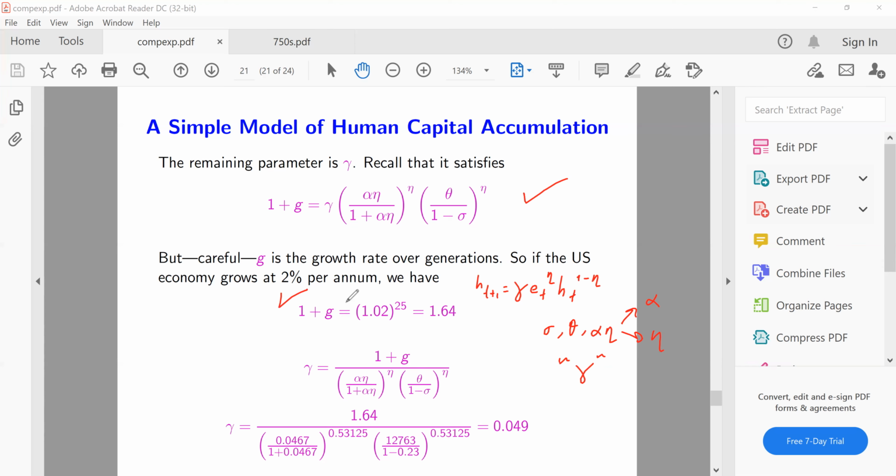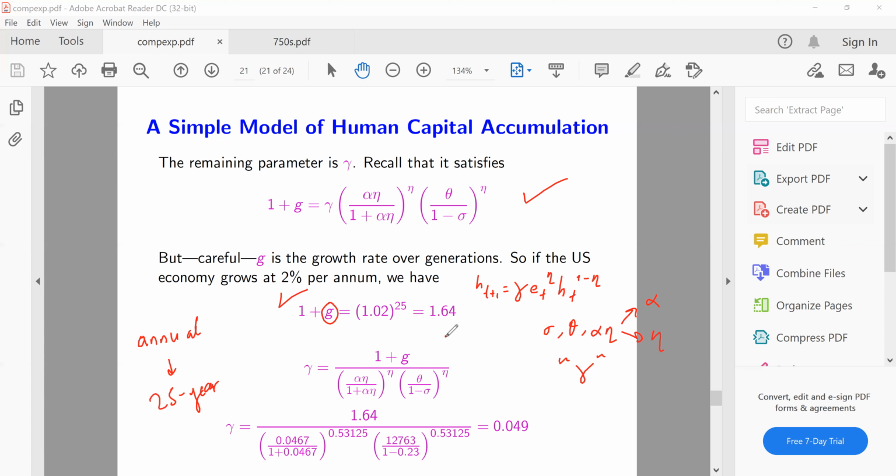Now, be careful, how do I convert this annual rate to 25-year growth rate? Well, that's the formula, right? So the 25-year growth rate, G, will be calculated in this way, right?